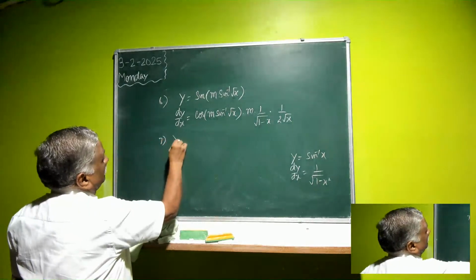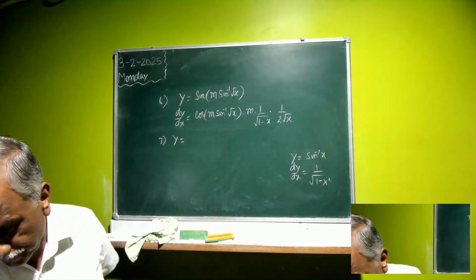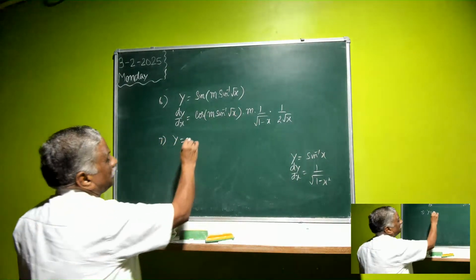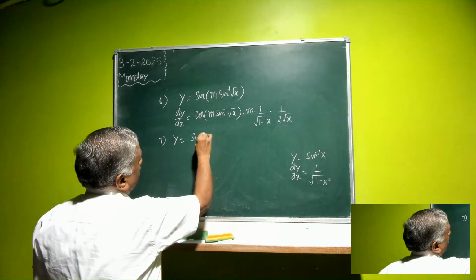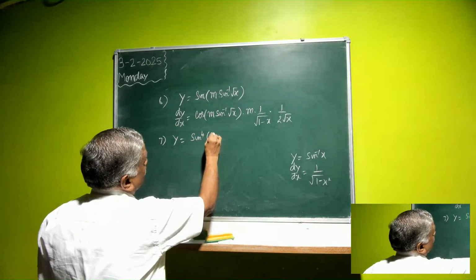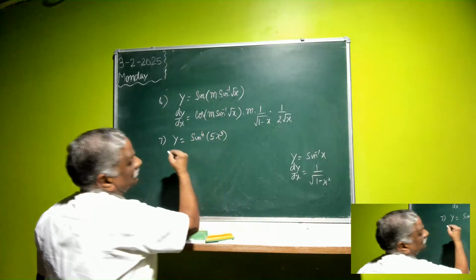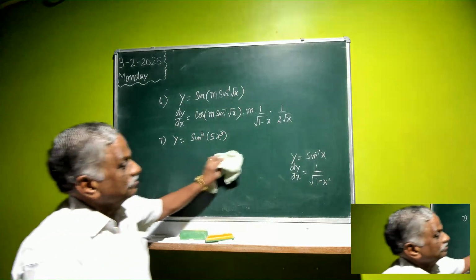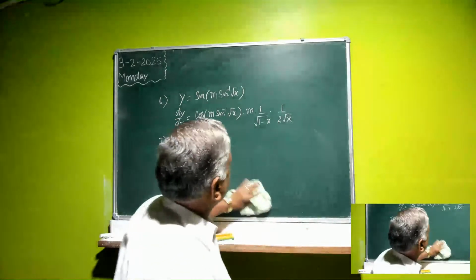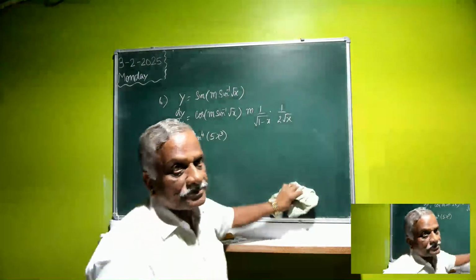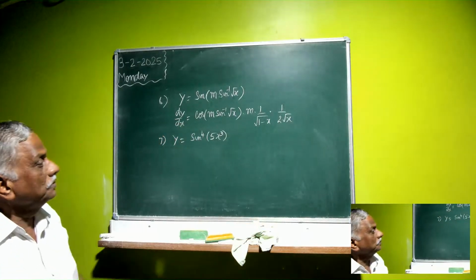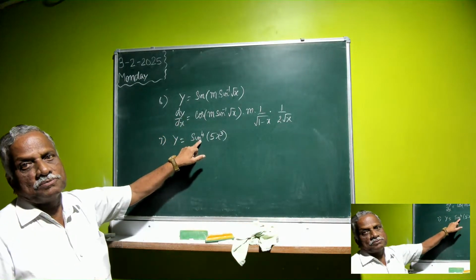7th problem. Y is equal to sine to the power of 4 into 5x cube. So what should we do? This is u to the power of 4.